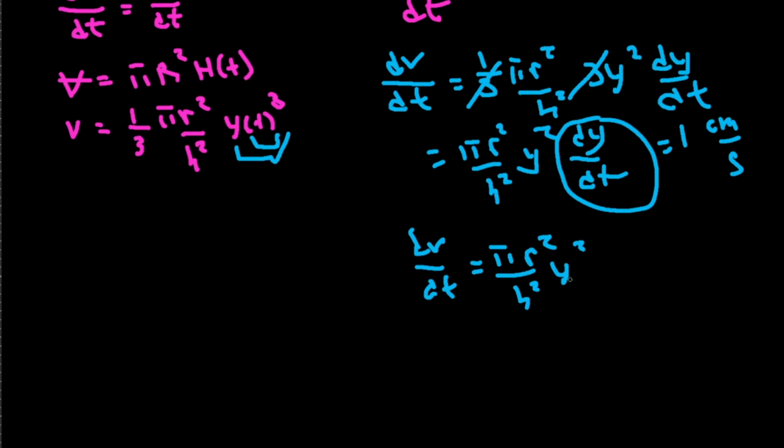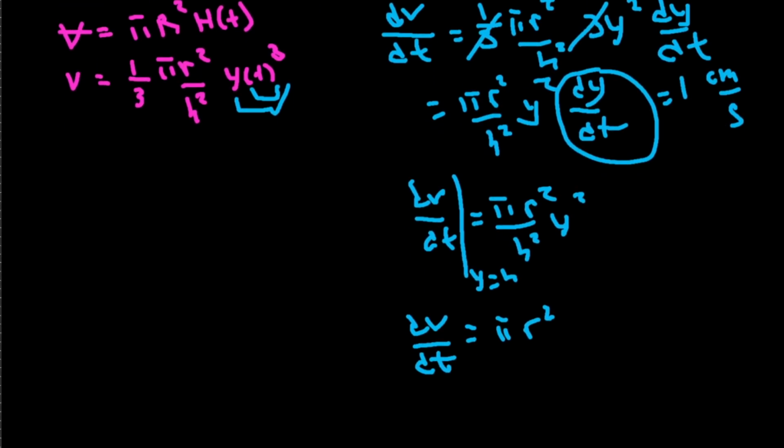And the very last thing we're going to do is evaluate this derivative at y equals h, because we're fully submerged in the fluid in the cylinder. And that's going to be equal to pi r squared over h squared times h squared. So that simplifies down to pi r squared.